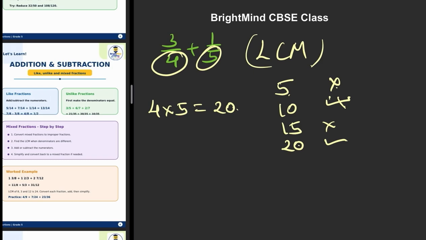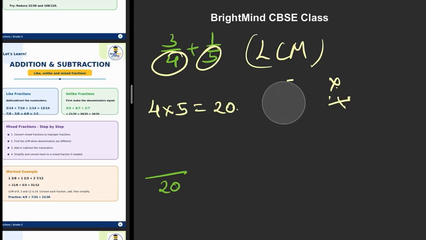So what will we write here? Our denominator is 20. Let me write it here. We have to take the first fraction.